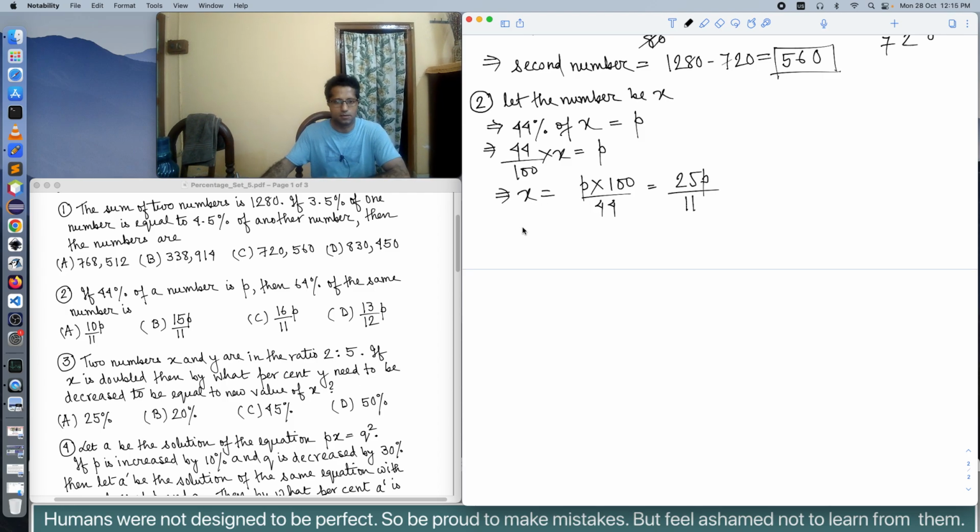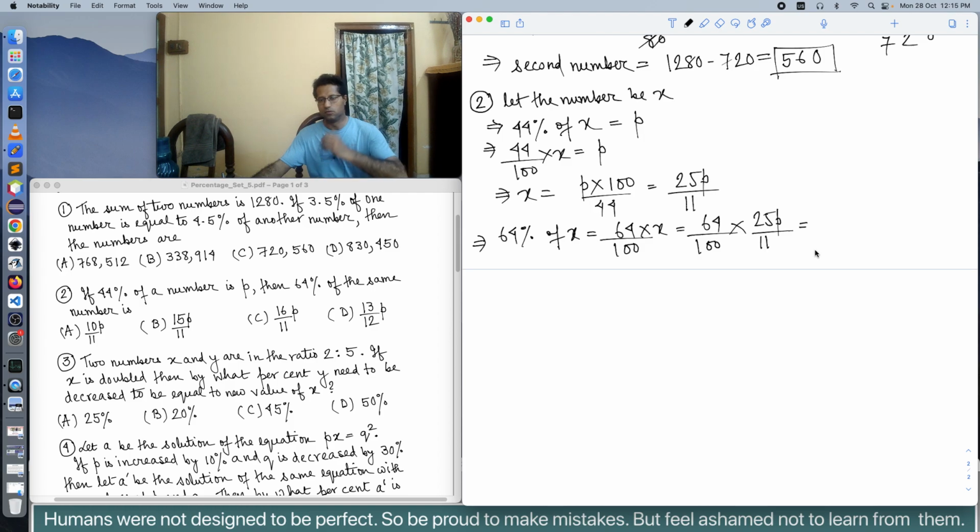Now it is asking what will be 64% of the same number. So we have to find 64% of X, which is equal to 64 divided by 100 multiplied by X, and X we have found to be equal to 25P by 11.